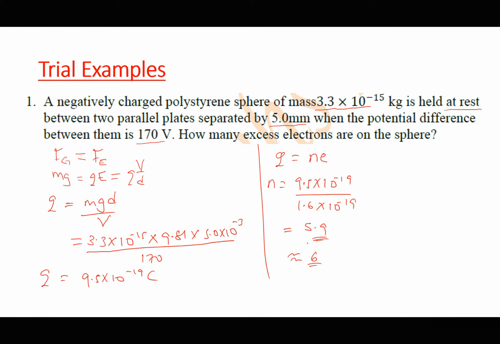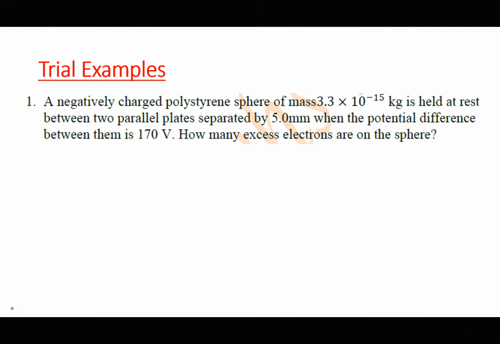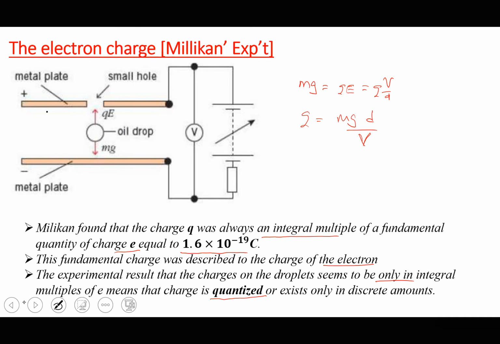I want you to note from the previous demonstration that it makes sense that if the oil droplet is at rest between the plates, it is only because it is negatively charged. If the upper plate is positive and the bottom plate is negative, first of all, we are aware that the weight acts vertically downwards. Therefore, the force to balance the weight must be acting vertically upwards.